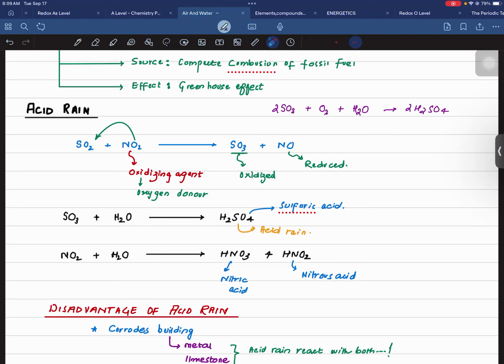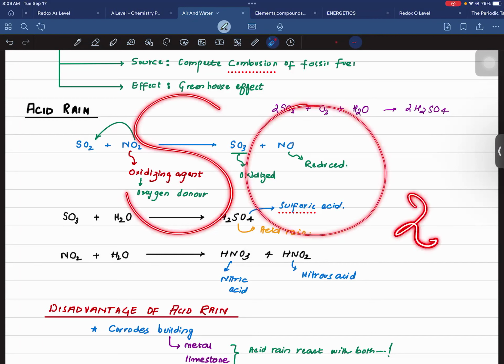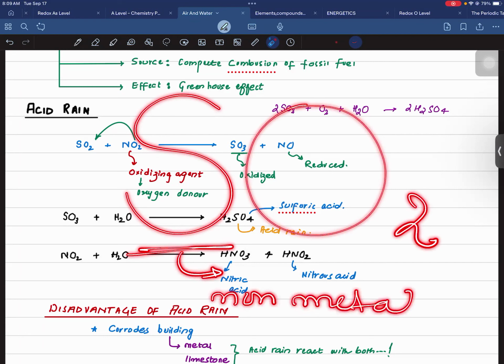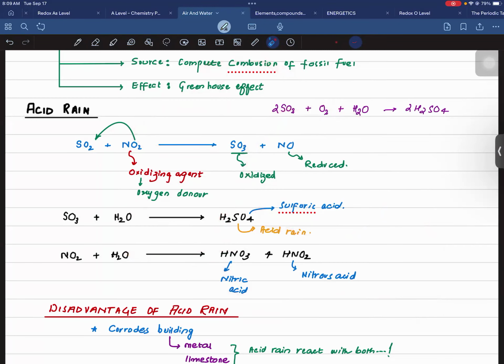And you all know that sulfur is a non-metal. Whenever you see oxygen combined with any non-metal, I'm repeating, it produces an acidic oxide. You're supposed to note this point.